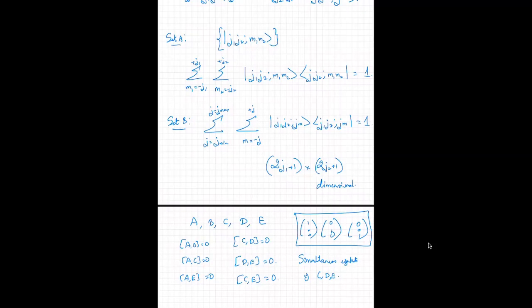This is exactly how we have developed angular momentum theory, by calculating the simultaneous eigenkets of J square and Jz, right? Since I've guaranteed that J square and Jz commute, which we have shown explicitly here, I can ask what are the simultaneous eigenkets of J square and Jz.